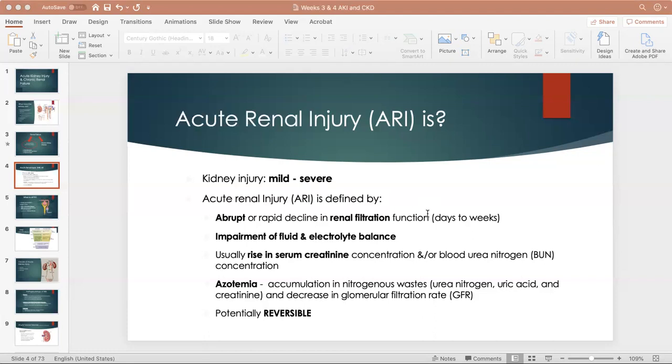So it's really important to just remember that, regardless of whether we're talking about acute renal failure or chronic renal failure, when the kidneys aren't working, they're going to basically do the same thing regardless of the cause, kind of.